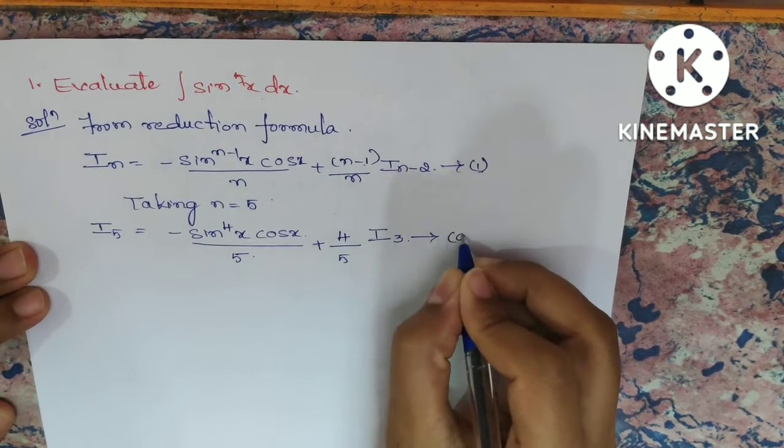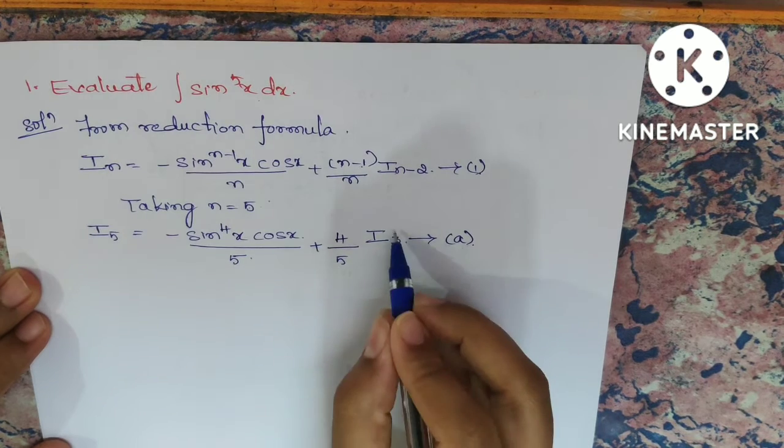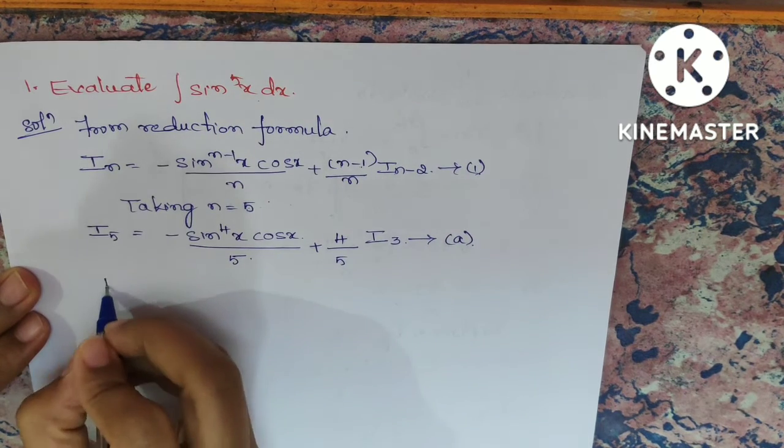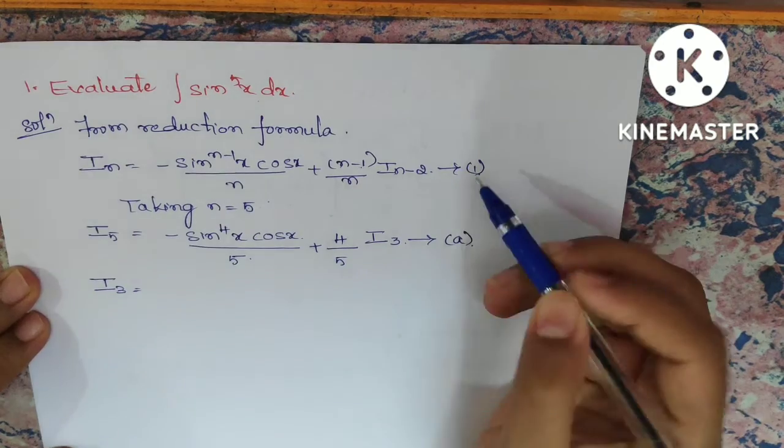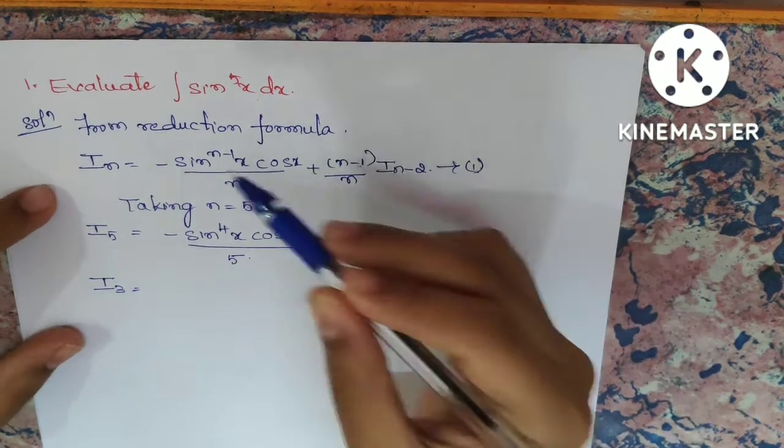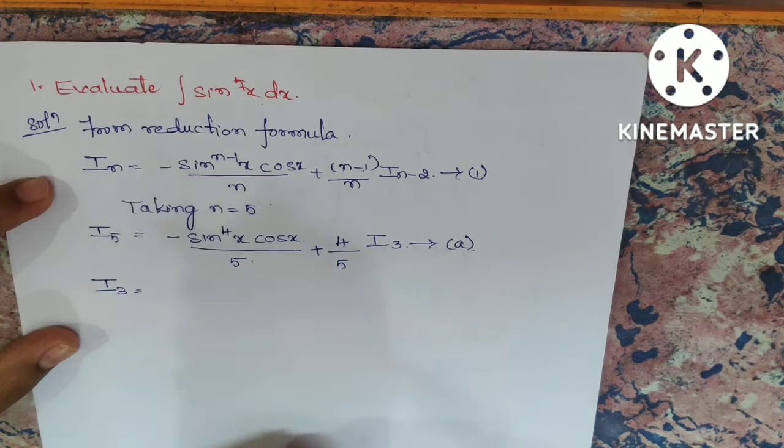Let it be A. Now we have to find out this I3. So in equation 1, in place of n we have to take 3 here.